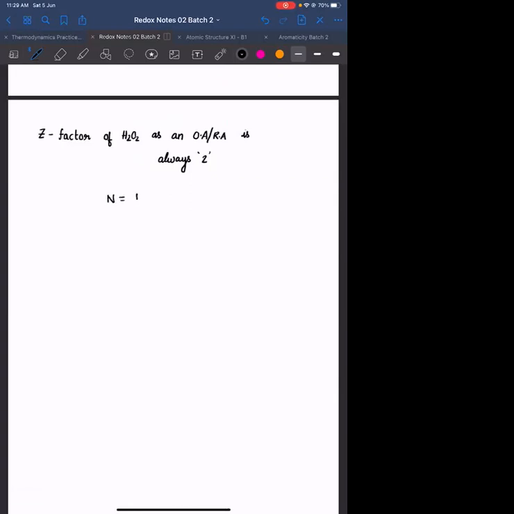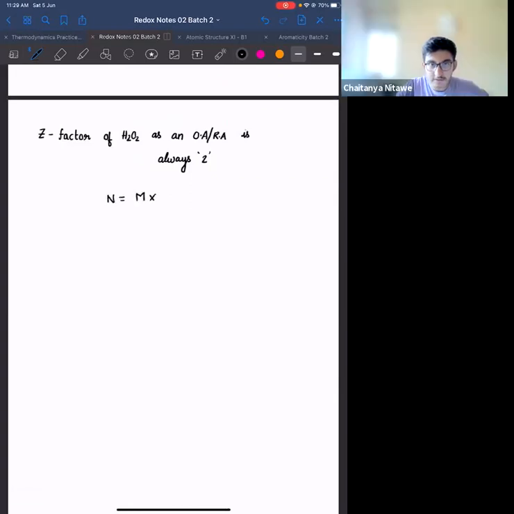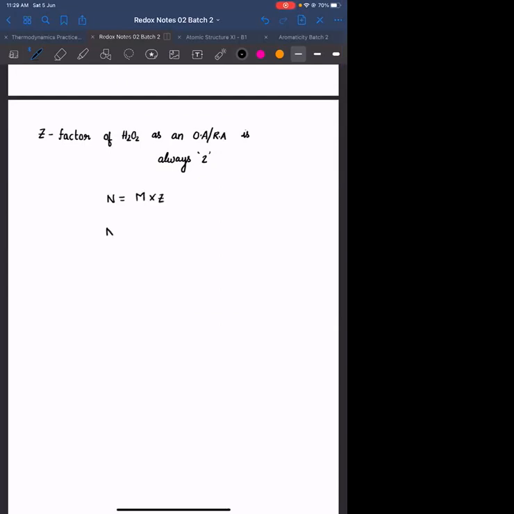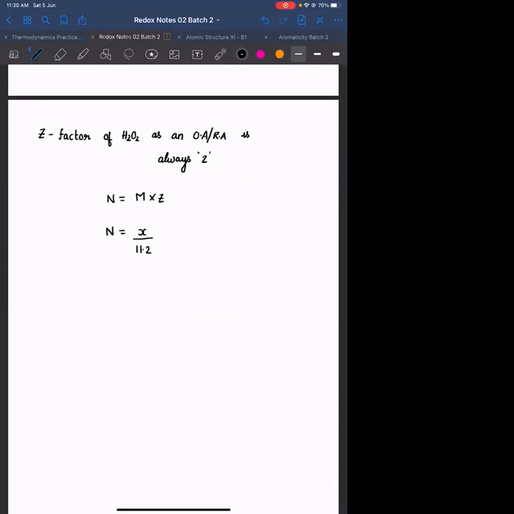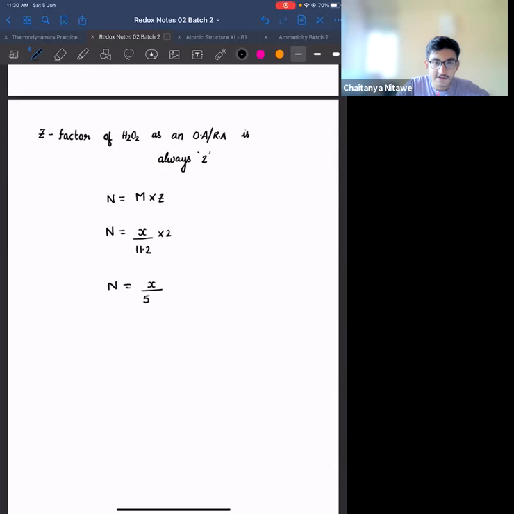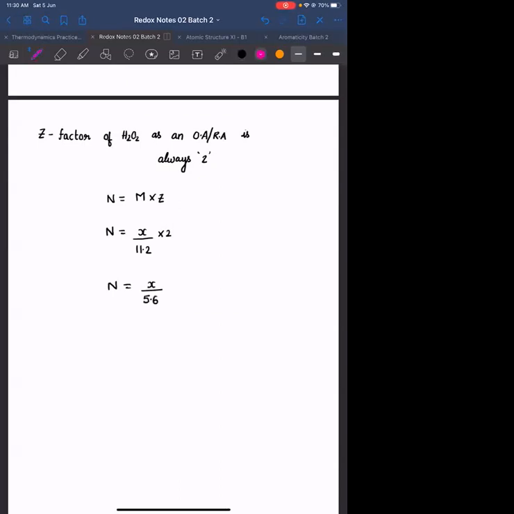Normality is equal to molarity into Z factor. If you already know molarity as X upon 11.2, the Z factor is 2. So what is the formula for normality then? X upon 5.6. Any doubt? No, sir. Okay.